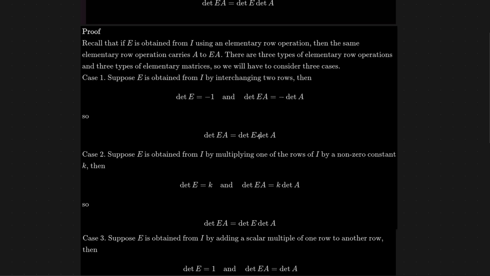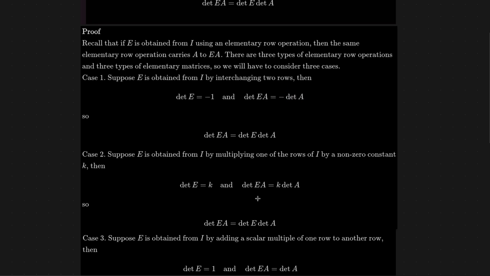Which means that it's going to be equal to this, because the determinant of E is -1. So -1 times the determinant of A is equal to the determinant of E times A, which is just -1 times the determinant of A. Okay?